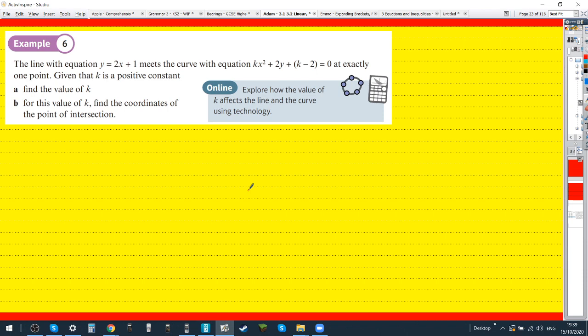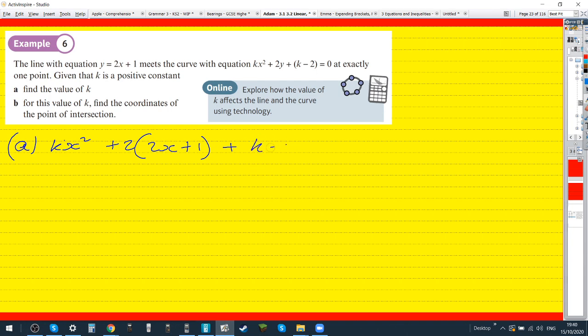So kx squared plus 2 open brackets 2x plus 1 plus open brackets k minus 2 close brackets equals 0. And then you multiply 2 by 2x plus 1.